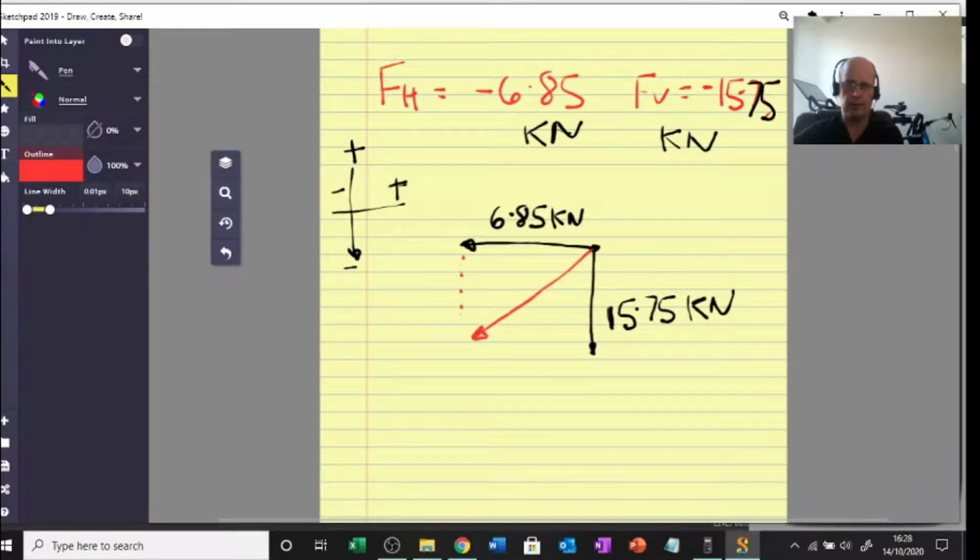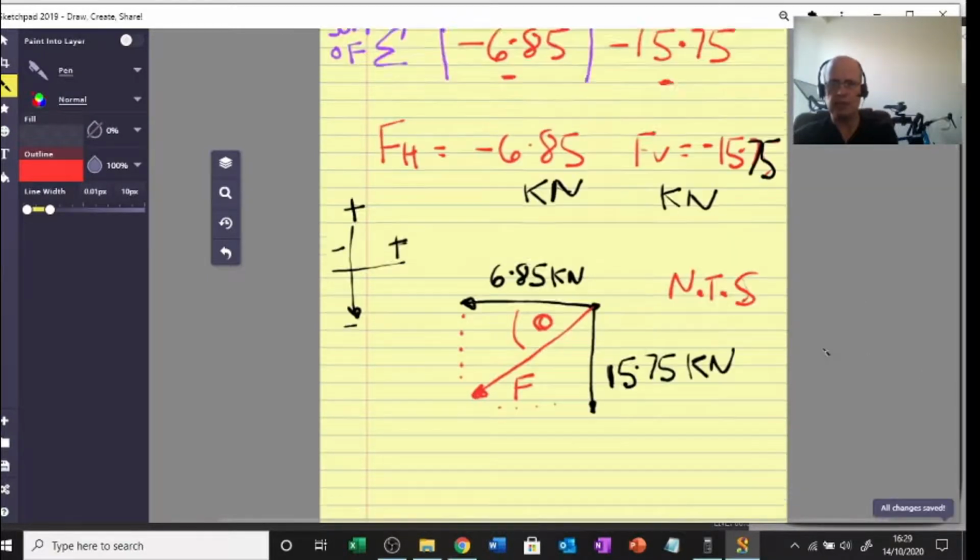So it'll come down like that, again not to scale, with the resultant force F and an angle like this. So what's this? North, south, east, west, so southwest if you want to put a direction to it, but we'll just use the angle.